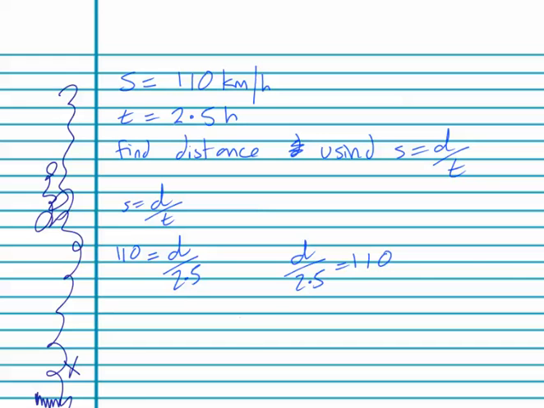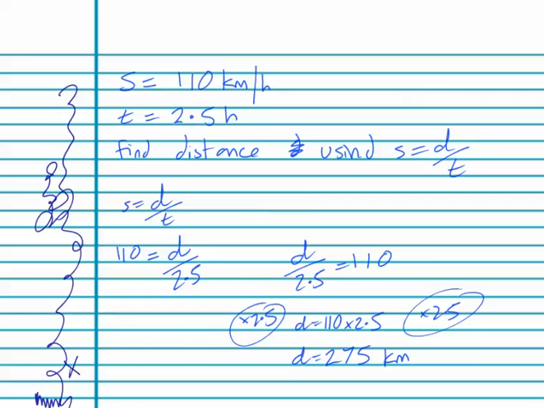So we times by 2.5 on both sides. So distance is 110 times 2.5. Grab your calculator and check. The distance is 275, and we check what units we were using. Kilometers per hour, so our distance is kilometers.